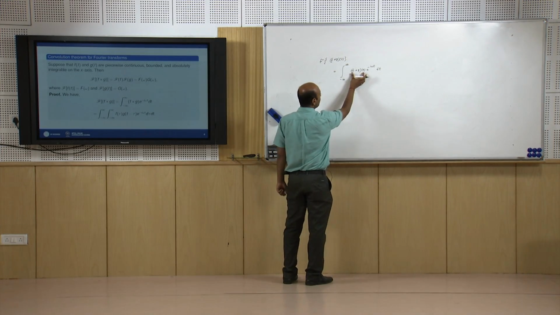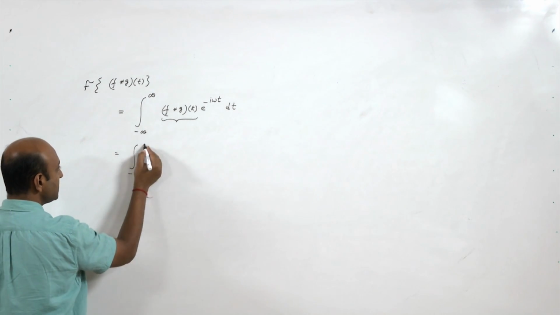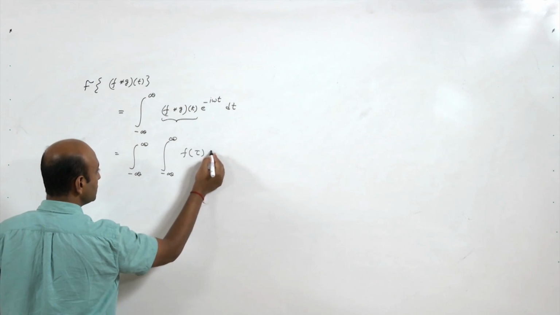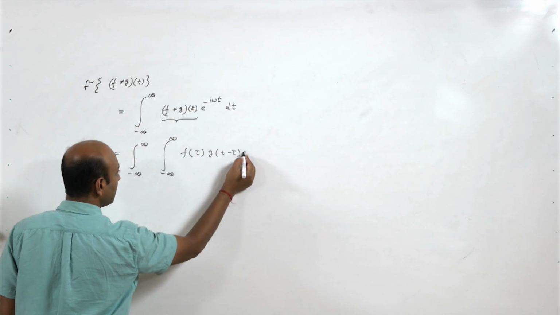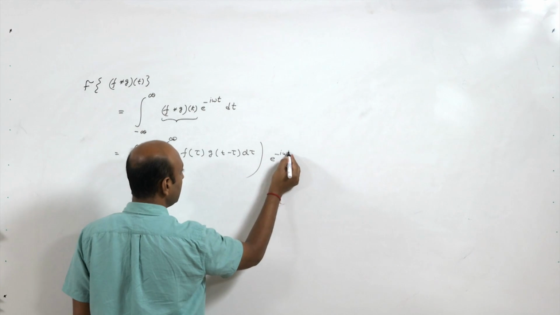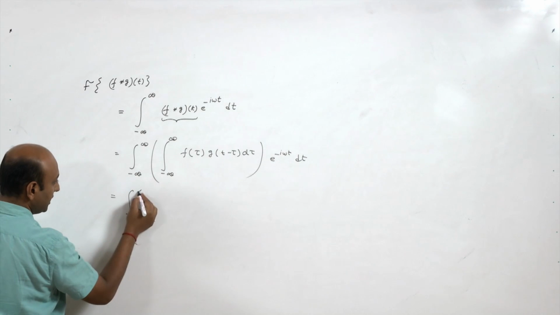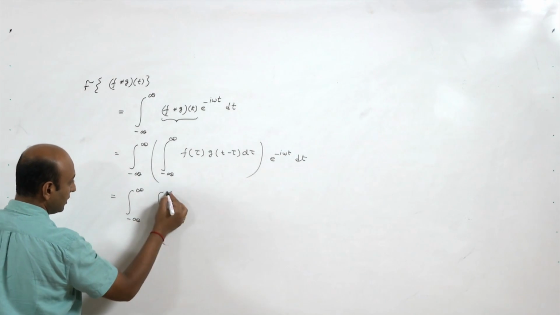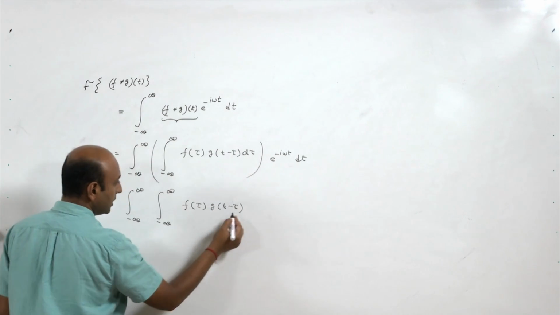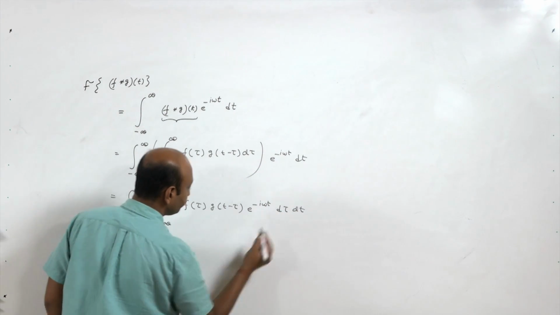Now, for the convolution of two functions, you replace this term by the integral from minus infinity to plus infinity of f(tau) g(t minus tau) d tau, and the whole multiplied by e to the power minus iωt into dt. So, this can be written as the double integral from minus infinity to plus infinity of f(tau) g(t minus tau) e to the power minus iωt d tau into dt.